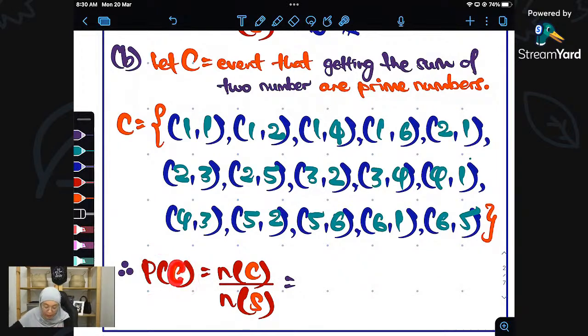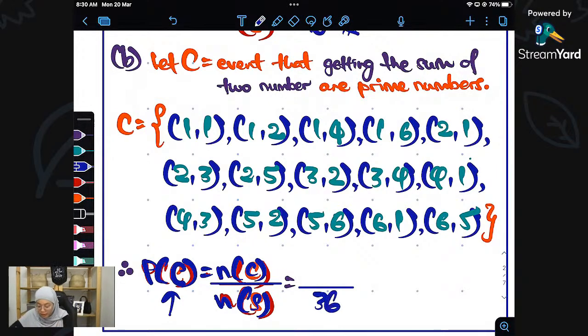So we do not want to write long sentences. That's why we put here P(C) equals the number of events C divided by the number of the sample space, which is 36. The total sample space is 36, and the number happening from event C is 15.